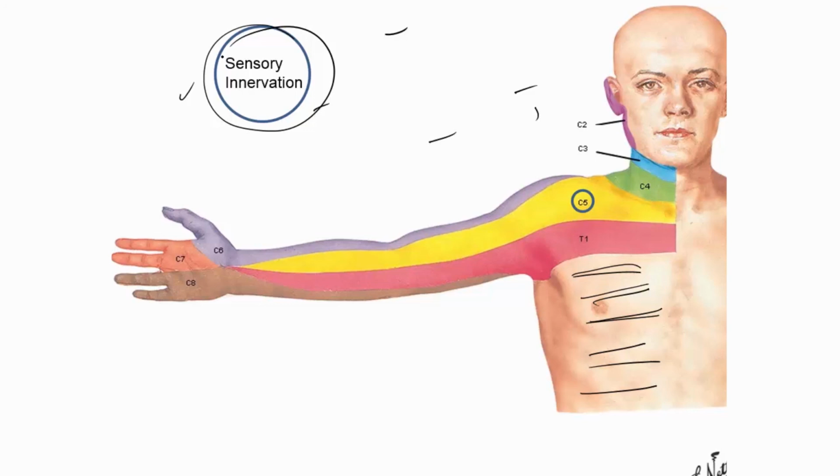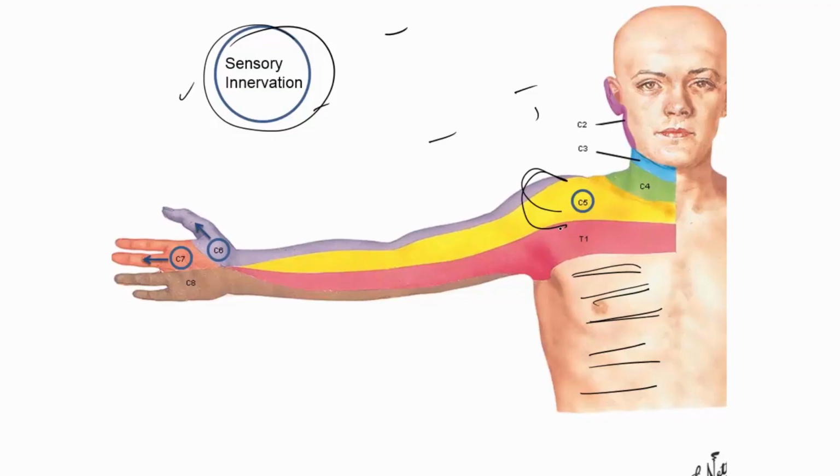So numbness here, C5. Numbness all around, axillary nerve. If we get down into the hand, again, C6 is going to the thumb. So if you've got a thumb numbness, it's a C6 injury. It's not a median nerve injury. Median nerve would affect the broader distribution to the hand.